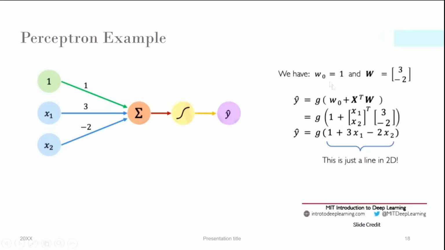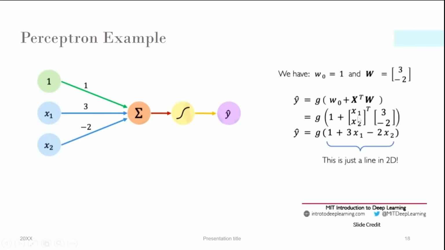So here we have W0, or bias, equal to 1, and our weights are 3 and -2. This is a vector. So the first input has weight 3 and the second input x2 has weight -2, right? Now if we apply W0 plus x transpose W, this is a vector multiplication.